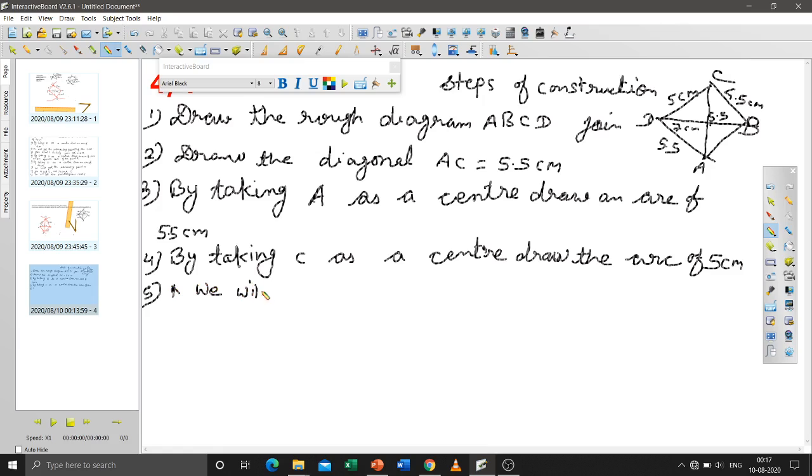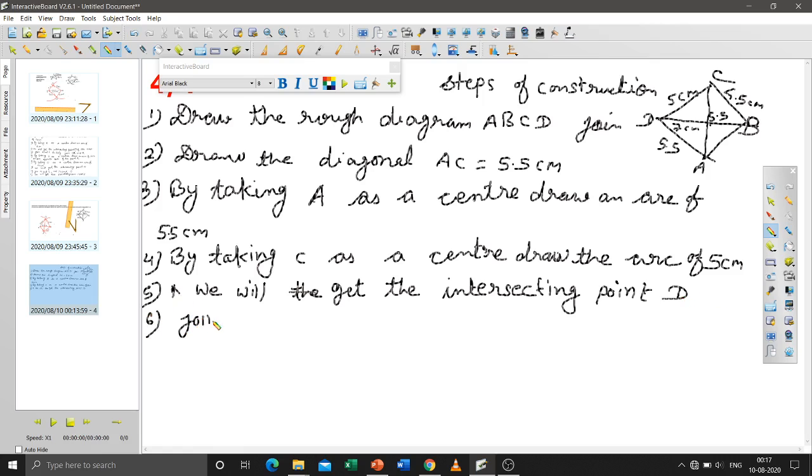We will get the point D. Sixth step, join AD and DC. Join A and D. Similarly, C and D.